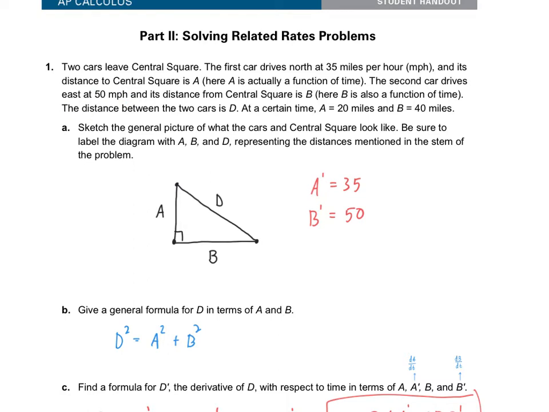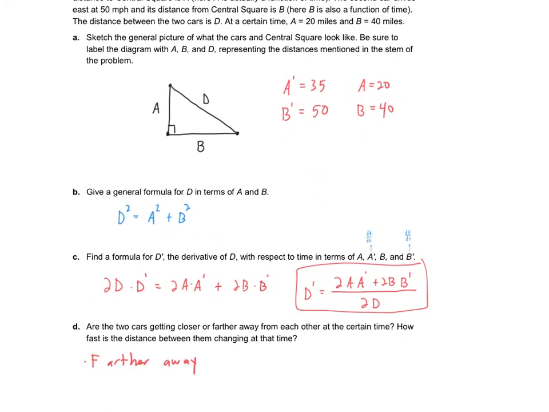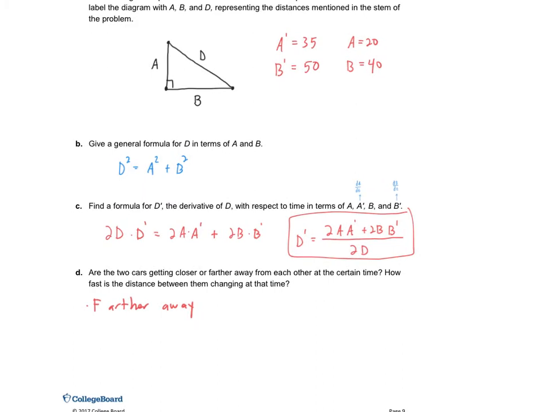And we also know that at this moment in time, A is 20 and B is 40. So we just substitute all that into the formula for D prime that we're looking for. I'll do that down here.